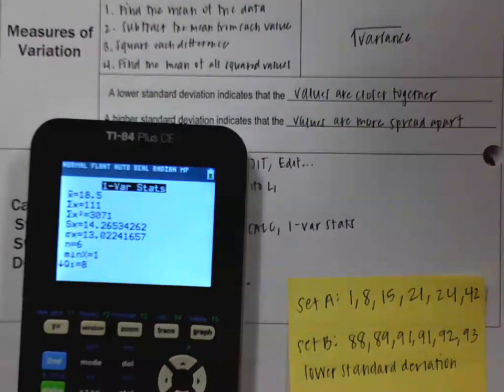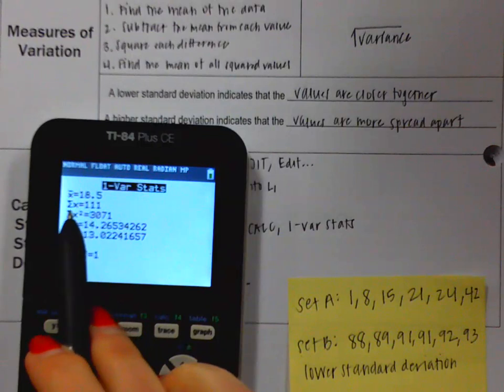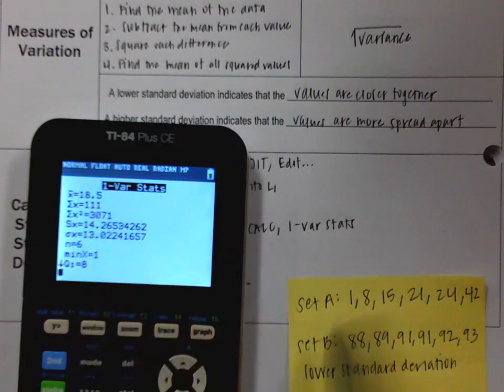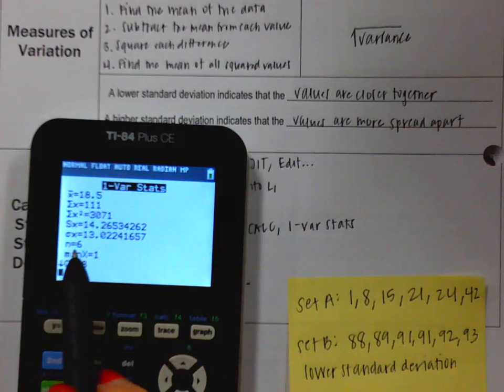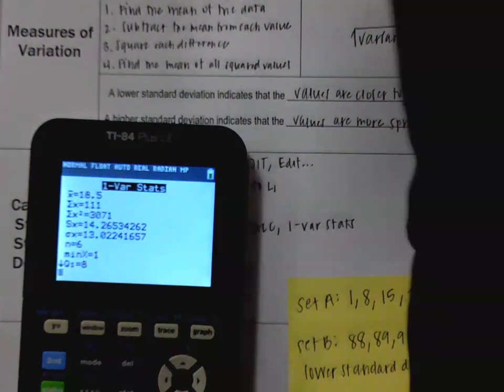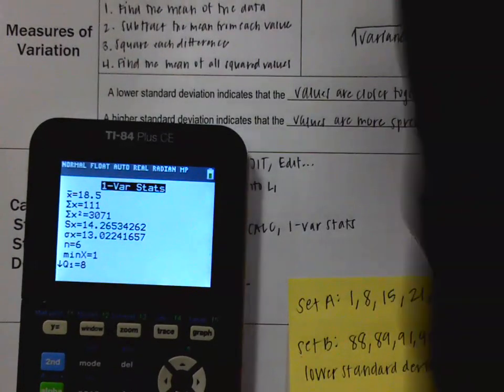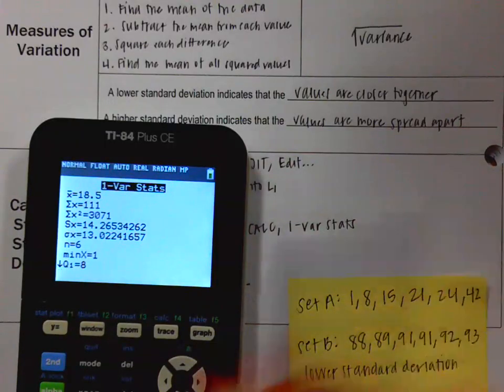Now it also is giving us a lot of other stuff too. The sum of x is giving us the sum of all of those values, which could come in handy. n is telling us that there are 6 values. Min is the minimum value, which is 1.